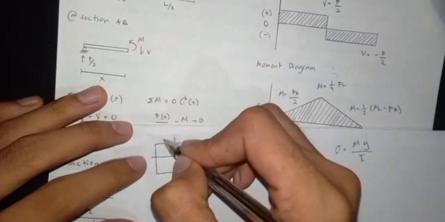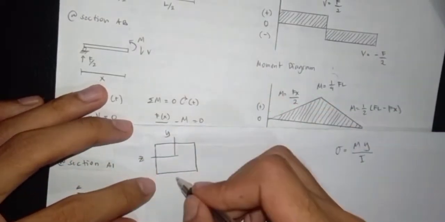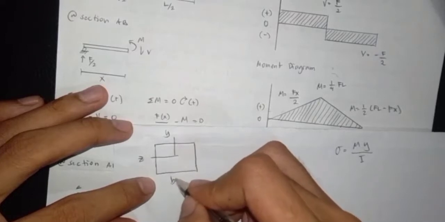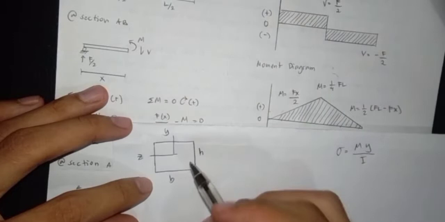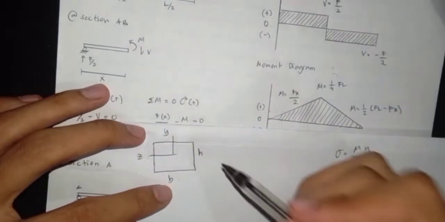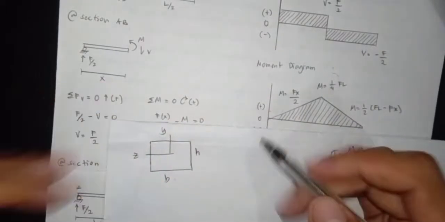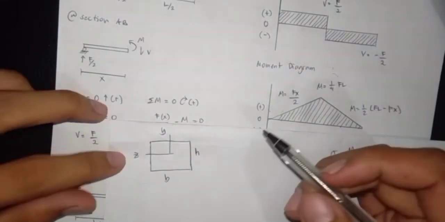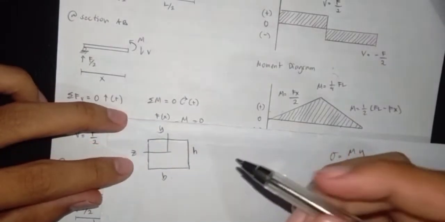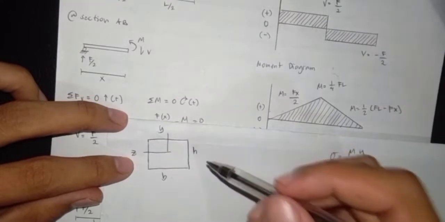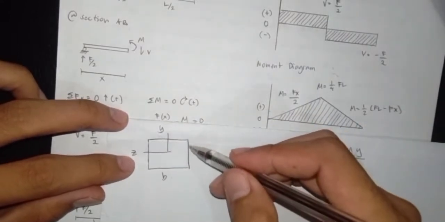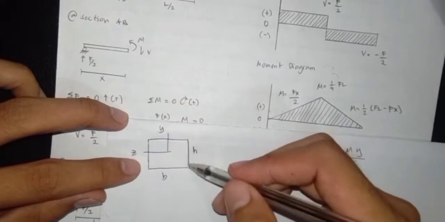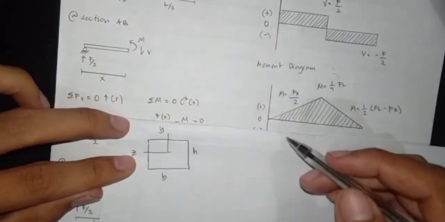So this is z and this is y, and we have base here, and then this is the height. So we can see that there is a base and height. So the neutral axis of the beam is placed in the half of the height of the beam in the z-axis.